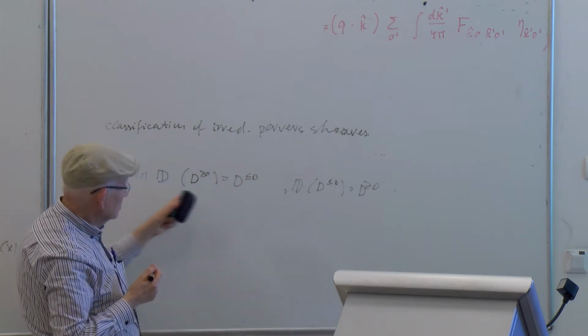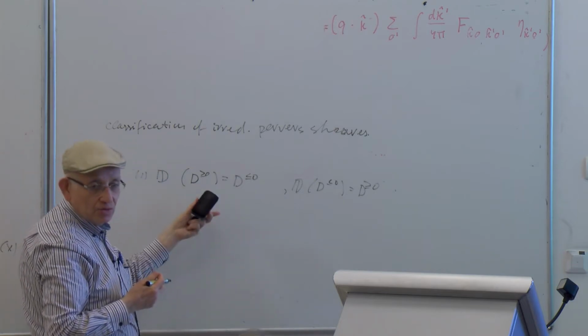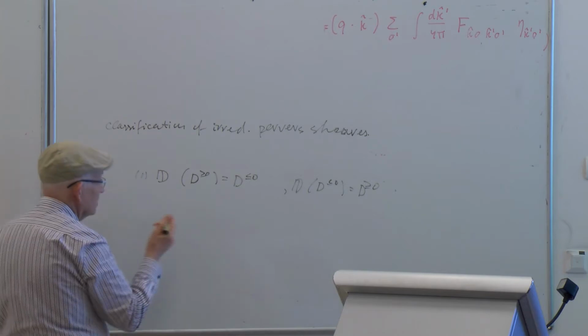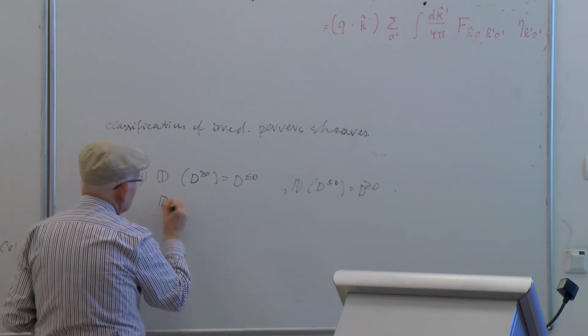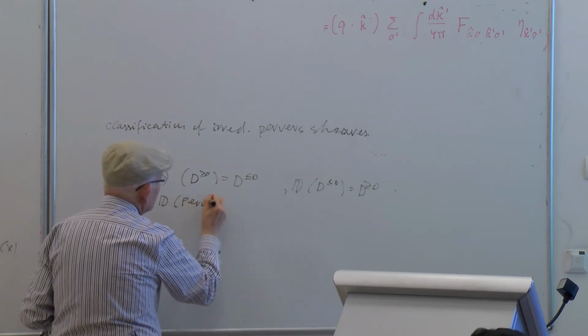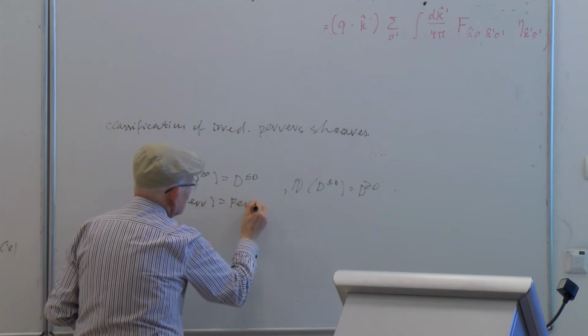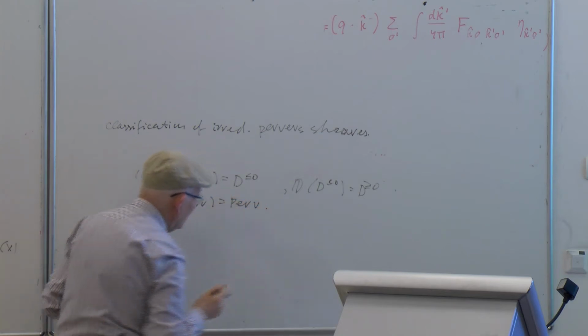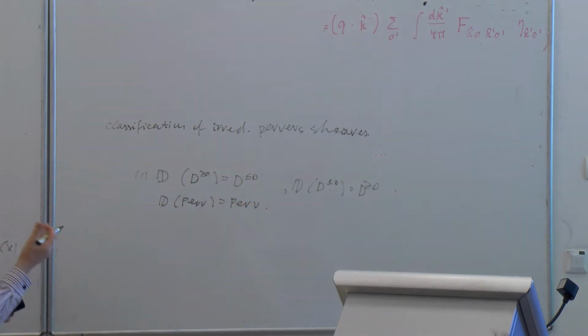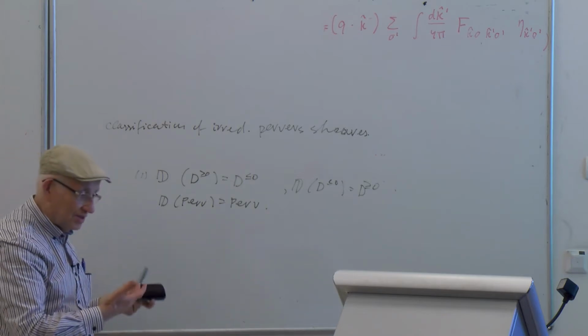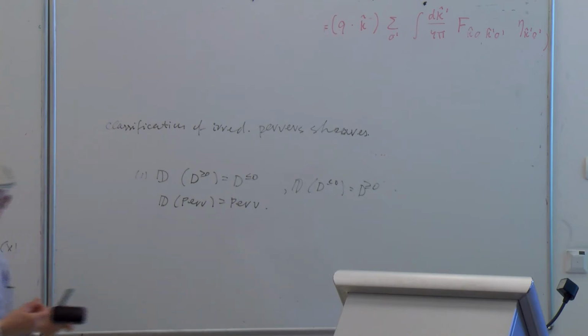So this T-structure is invariant with respect to Verdier duality. In particular, D of perverse is equal to perverse. It means that Verdier duality induces a duality on the abelian category of perverse sheaves. So this already shows that this is something much better than constructible sheaves, where you don't have this property.